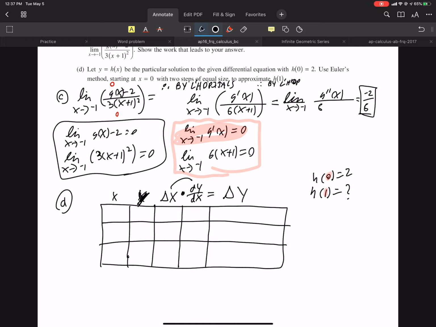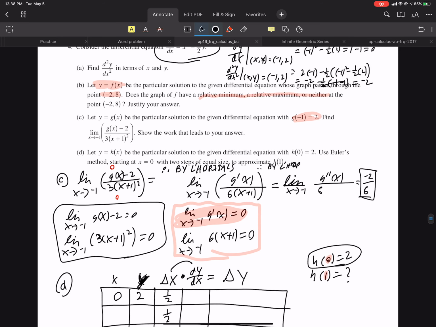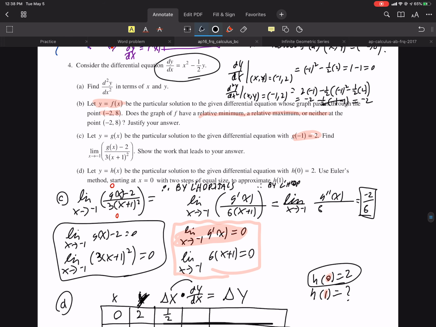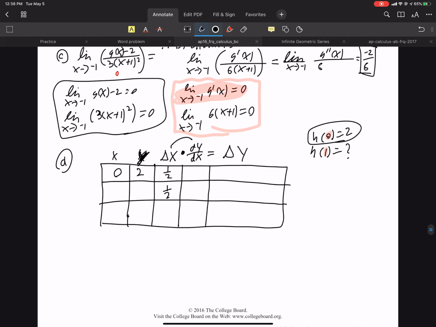So our starting point is 0, 2. They gave us that. Our step sizes are 1/2. We know that. So we have to find the slope dy dx at 0, 2. If we plug in 0 here and 2 there into the original equation, we're going to get -1.